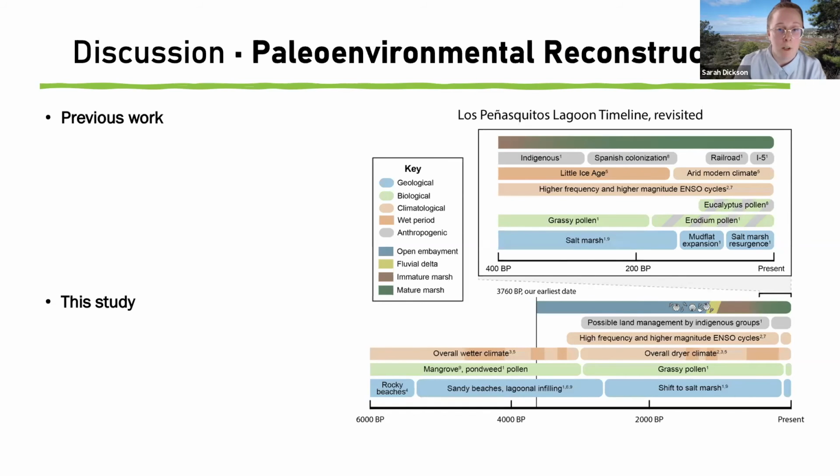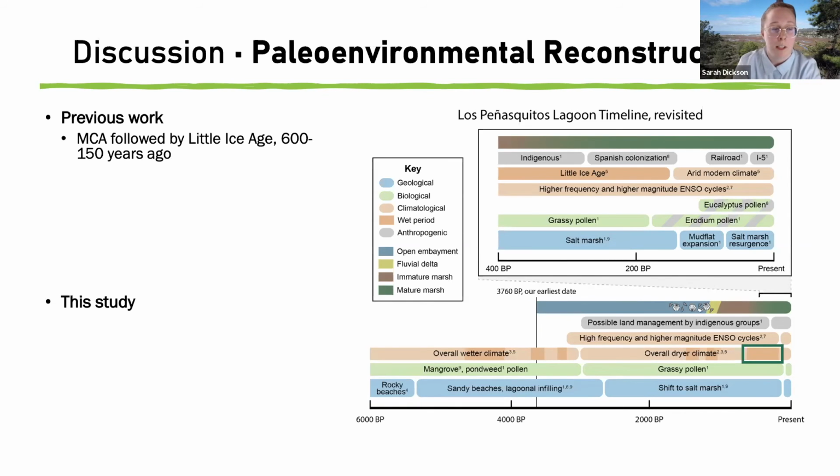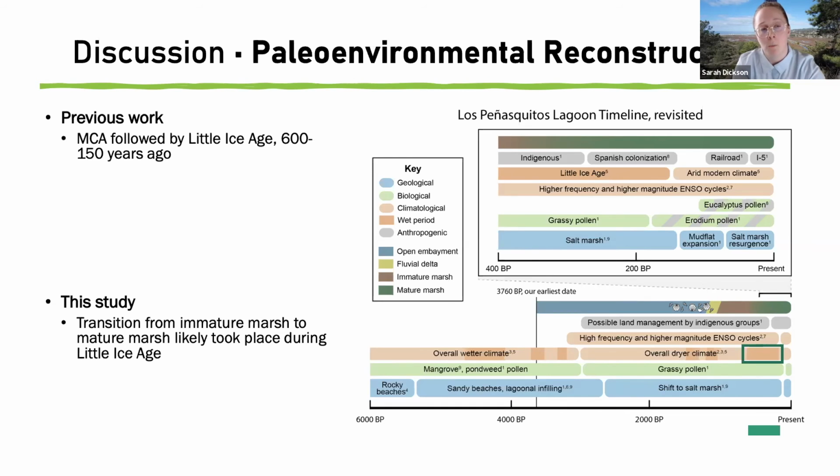Following the medieval climate anomaly was the Little Ice Age, which lasted from 600 to 150 years ago. We believe that this was the time at which Los Peñasquitos Lagoon transitioned from an immature marsh to a mature marsh. This was also a shift from the drier La Nina conditions to a wetter El Nino regime.